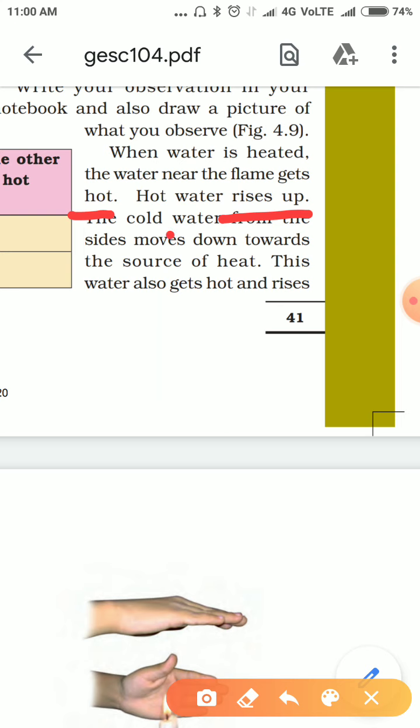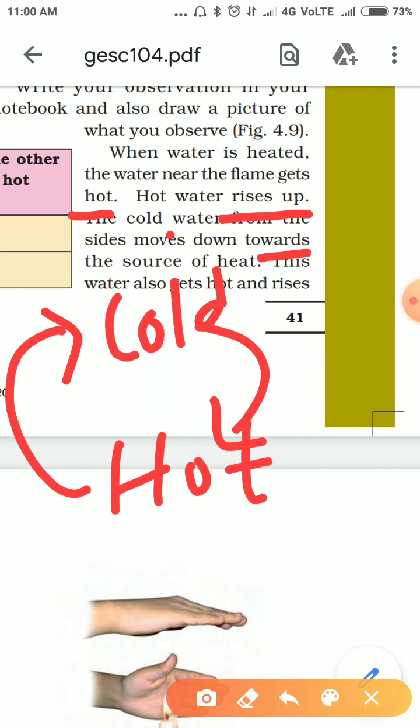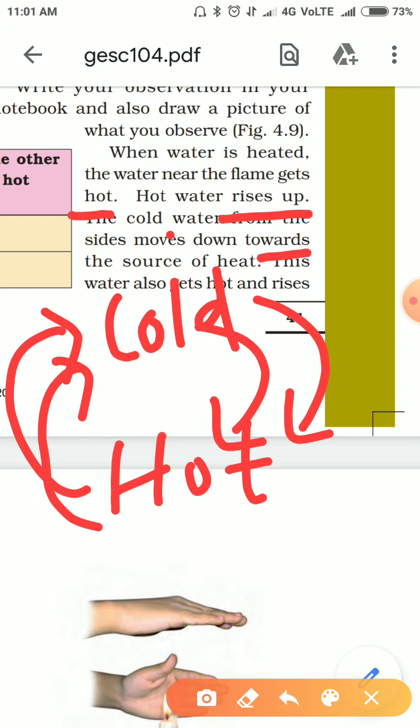Then cold water, which is at the top, moves down towards the source of heat, that is, it comes downward. Then it gets hot. Hot water goes upward. Over here, cold water is there. It again comes downward. In this way, with the movement of particles, the water gets heated.